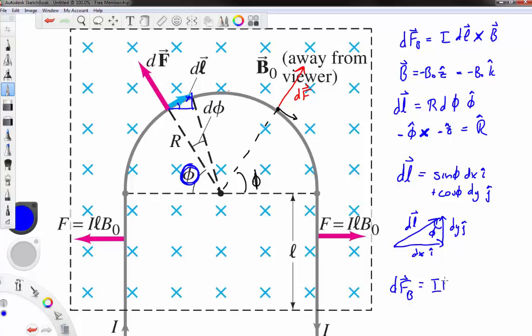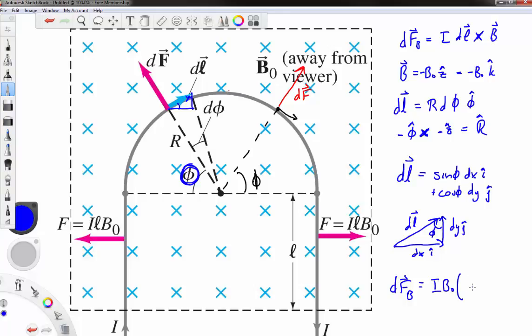So that is going to give us I times b naught times sine phi i hat cross with negative k hat.